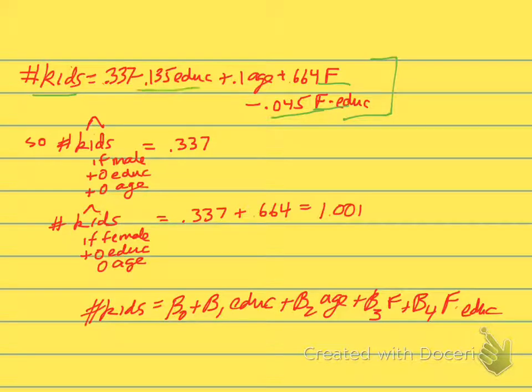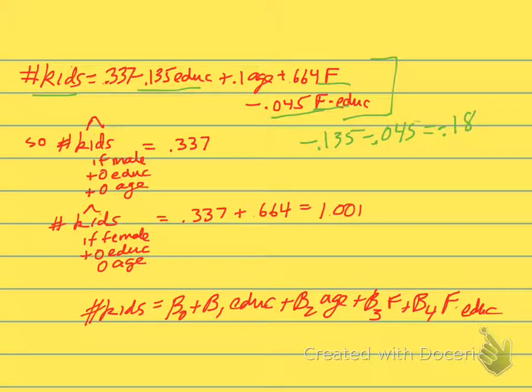As men get more educated, the number of kids goes down, and as women get more educated, the number of kids goes down even further. So for women, the coefficient on education is minus 0.135 minus 0.045, so the relationship is equal to minus 0.18, right?